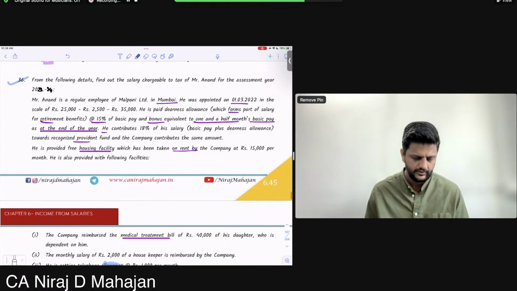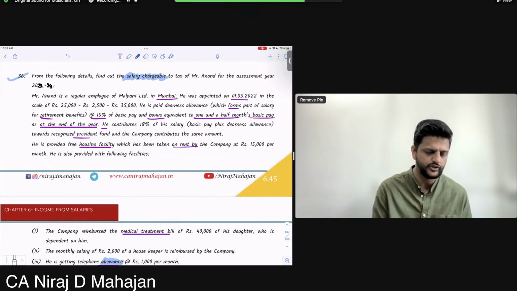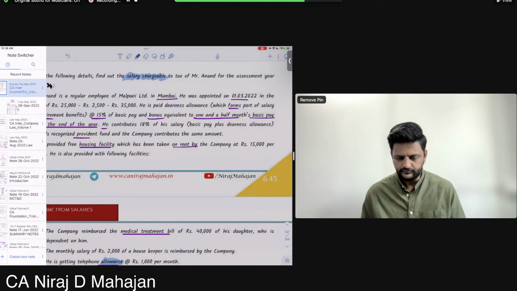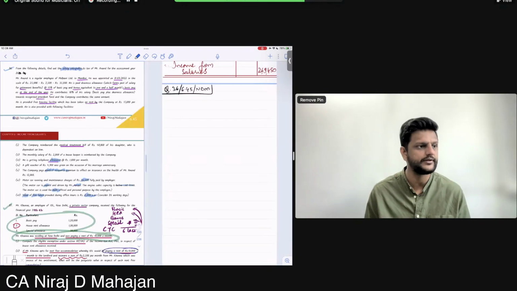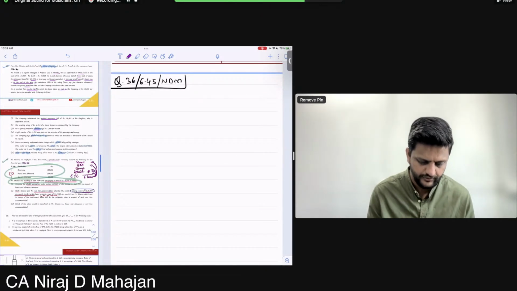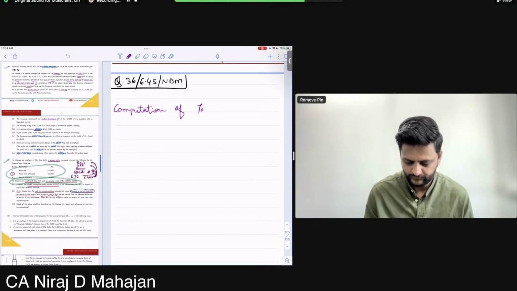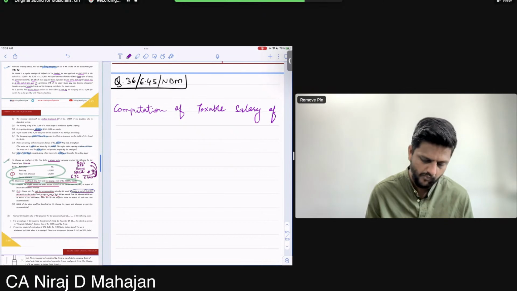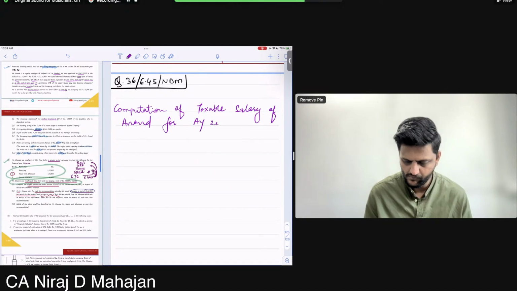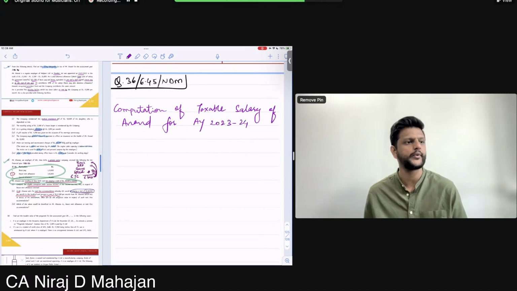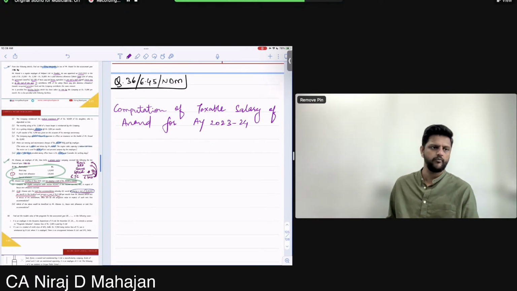Ready everybody? What is asked? Find chargeable salary. You will have a problem with this, I'm very sure. Let's see. I'll give you time also to calculate. Ready everybody? So computation of taxable salary of Mr. Anand for AY 23-24.